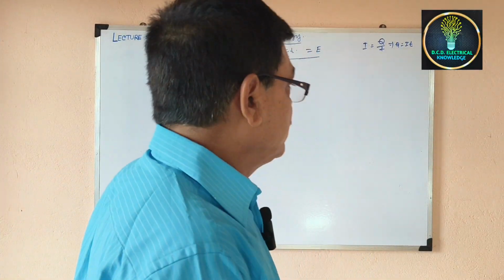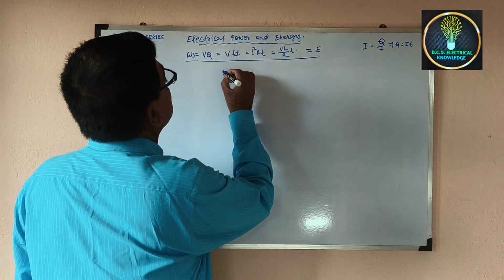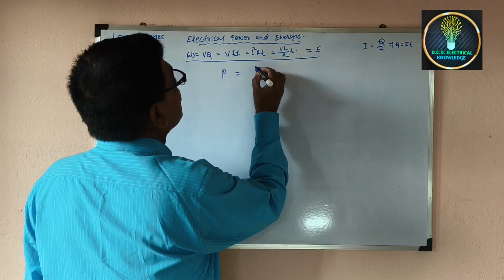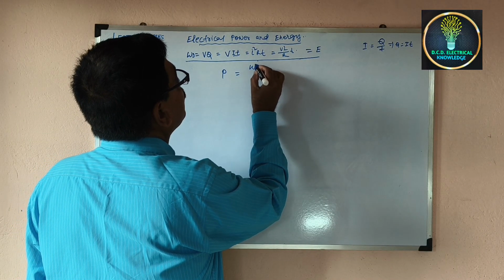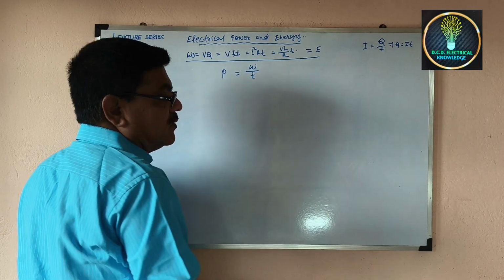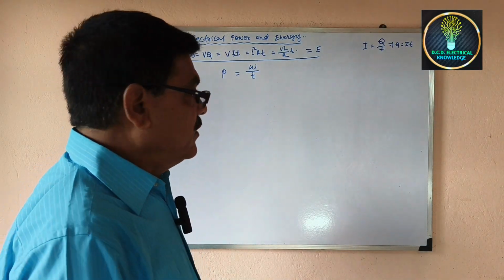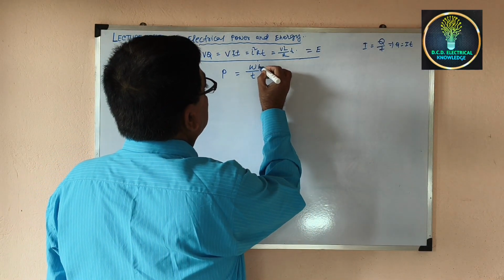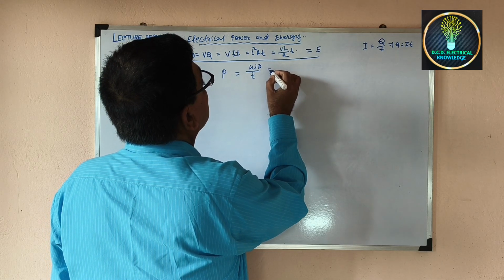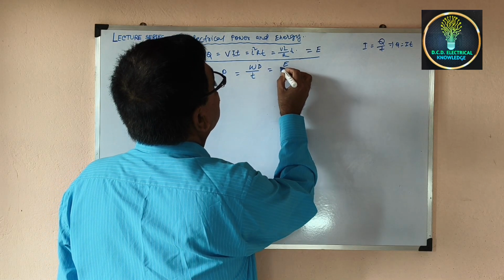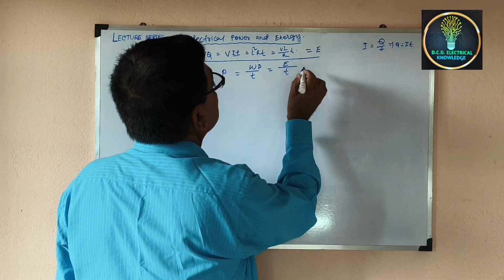We know that P is equal to W by T, and this W, that is work done, is the energy of the conductor.